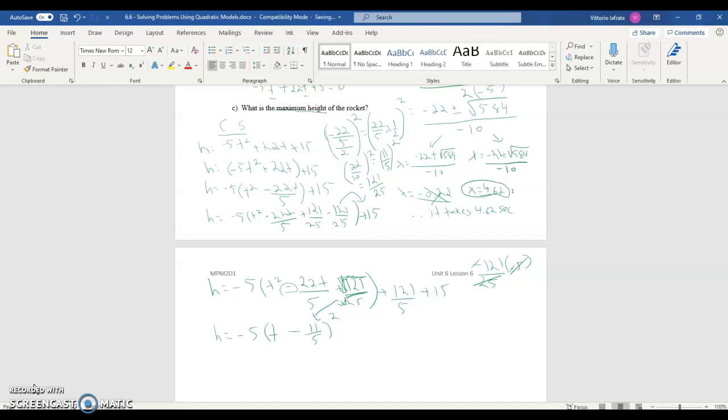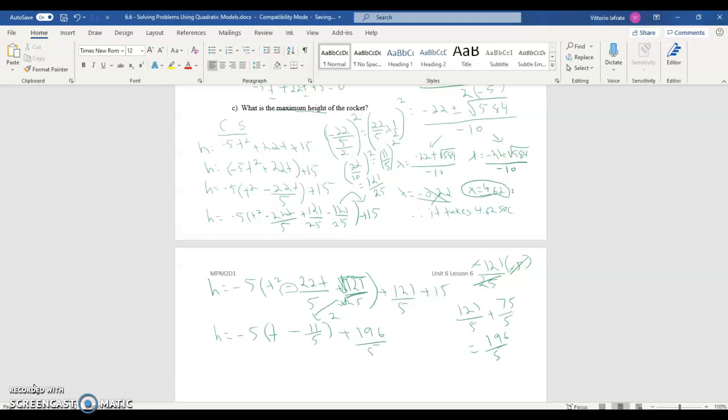And then 121 over 5 plus 15. If I put them on the same common denominator, 5 times 15 should be 75. So 75 over 5, which is 75 plus 121, which is 196 over 5. So we have plus 196 over 5.